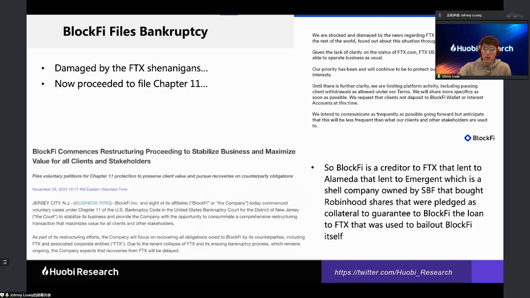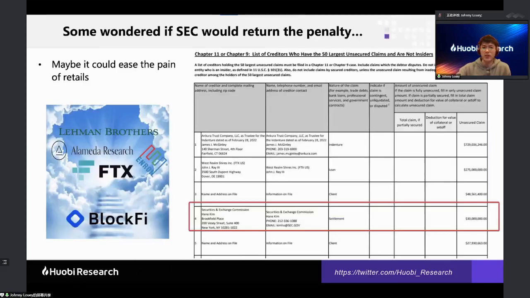I know they filed Chapter 11 bankruptcy, but two weeks prior, when FTX just imploded, we already tended to think that BlockFi was tied to FTX and the chance that BlockFi would go bankrupt was really high. And now BlockFi is filing for Chapter 11. That's a tragedy.